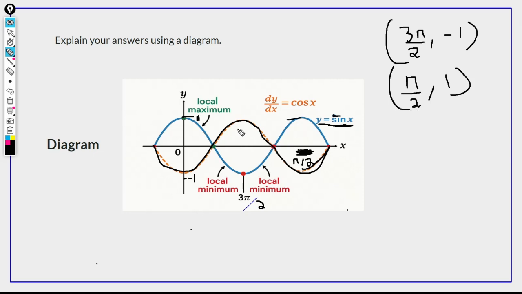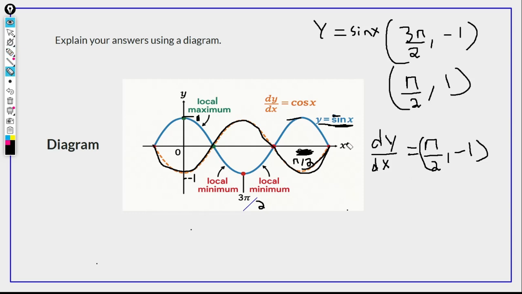For cos, the values match what we got earlier. This is for sine, y equals sin x, and the derivative is dy over dx equals cos x.